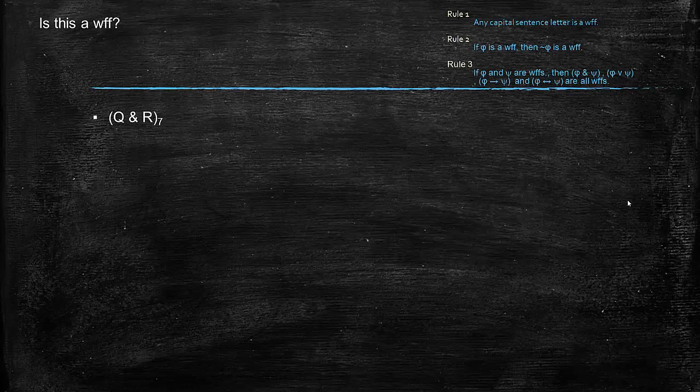Is this a woof? Q and R subscript 7. Q, okay. R, okay. Rule 1 woofs. And R with parentheses, rule 3 woofs. Is there anything that allows us to write a subscript here? No, there is not.